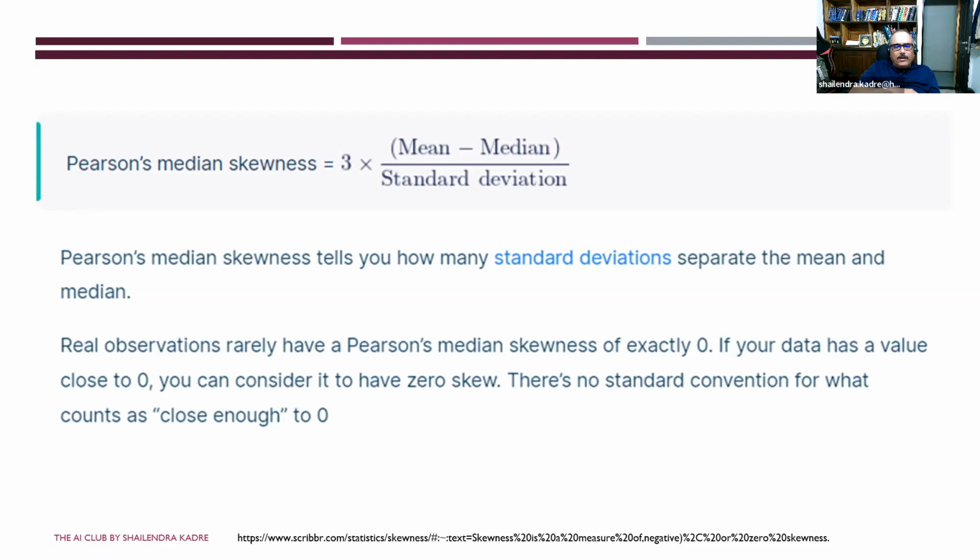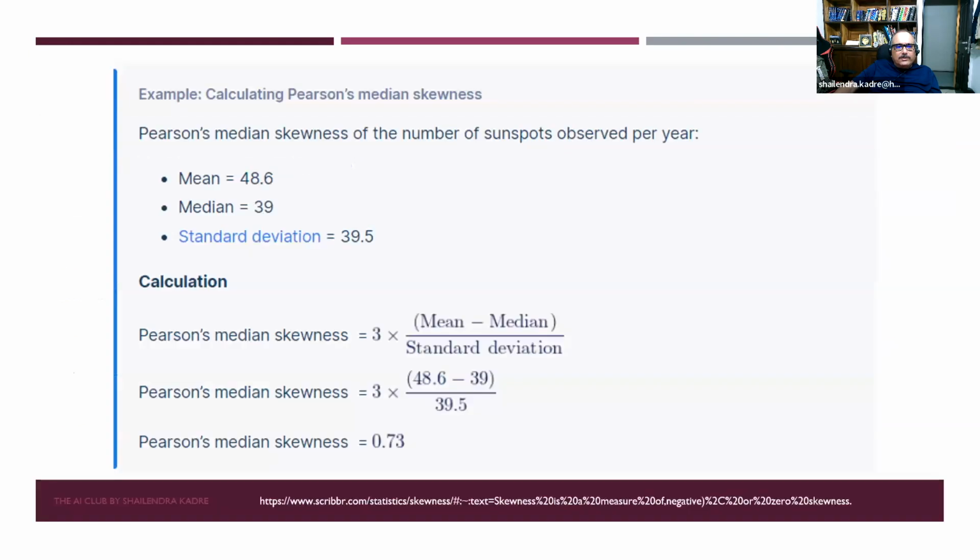Beyond that, how to read this particular coefficient? Okay, so now let us read. There is a simple calculation. There is some set of data, where median is 39, mean is 48.6, and standard deviation is 39.5.